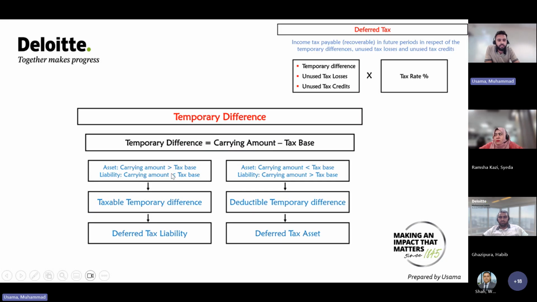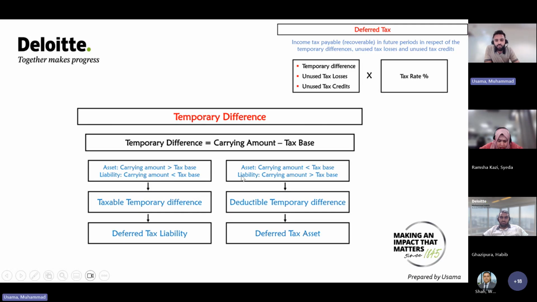Here is a formula: if your carrying value determined on an IFRS basis is greater than the tax base, and it is an asset, then it is called a taxable temporary difference. Whenever you have a taxable temporary difference, it will be a deferred tax liability. You need to remember this equation to identify whether it is a deferred tax asset or deferred tax liability.